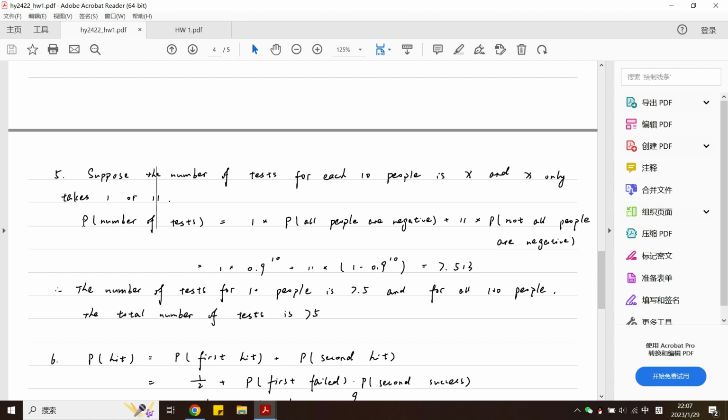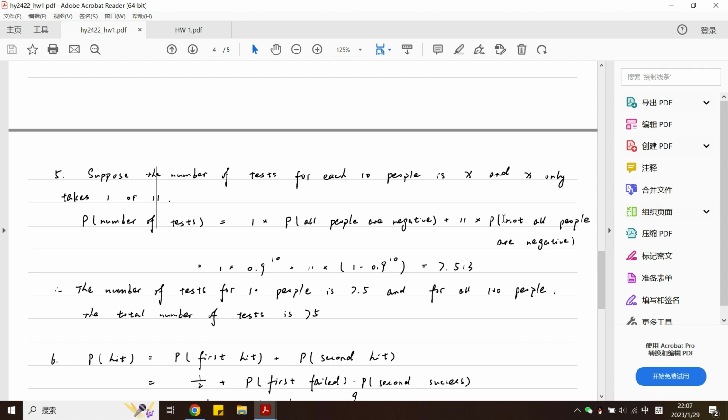Firstly, we calculate the probability of the number of tests for each 10 people, and it consists of two parts. The first one is the probability that all people are negative. In that event, the test will only be done once.